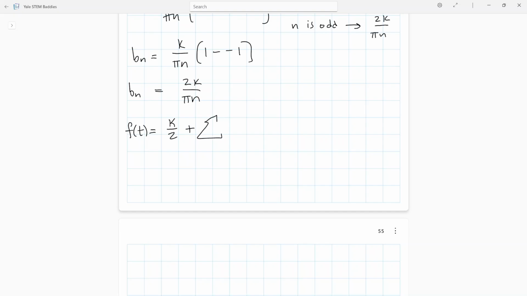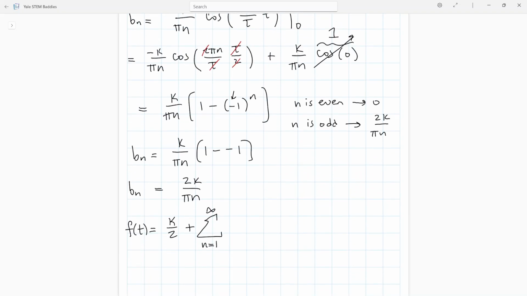And then we take this from n equals 1 to infinity, infinitely many harmonics. Remember that our cosine coefficients don't exist, so we get rid of all the cosines, and all we have left is our b sub n coefficient: k over pi n times 1 minus negative 1 to the n.